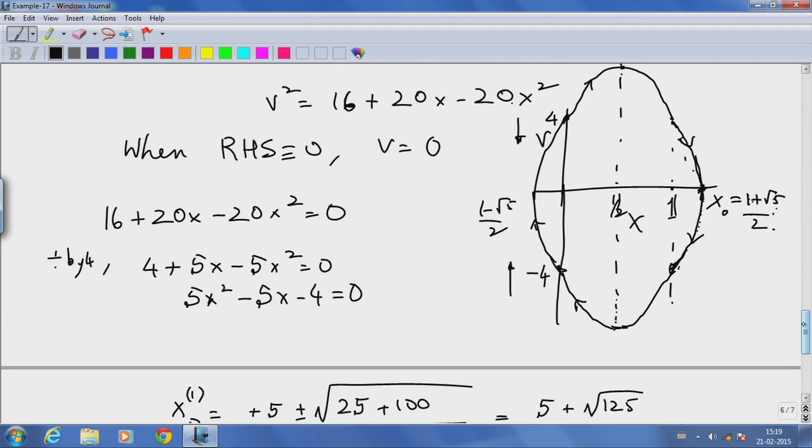So, if you ask the question what is the velocity of this body at 1 meter, it could be either moving in the downward direction or in the upward direction, and therefore, you are unable to completely resolve the direction of the motion from a work energy kind of an approach.